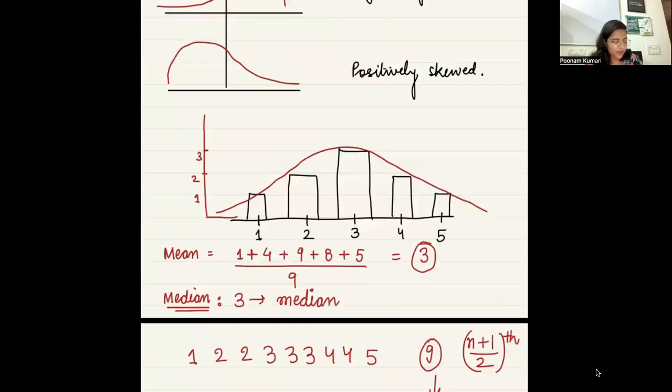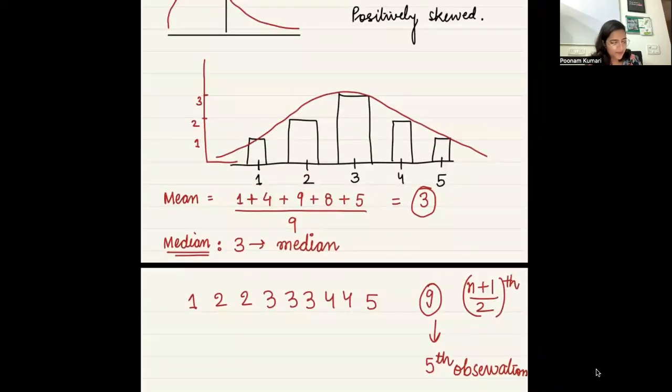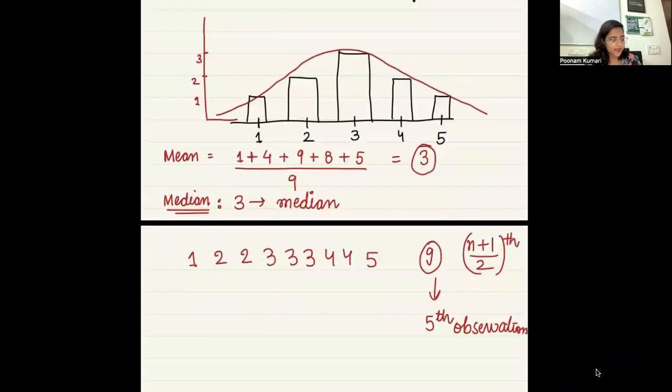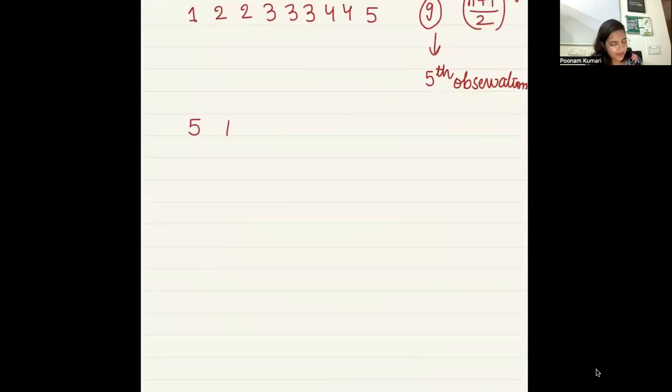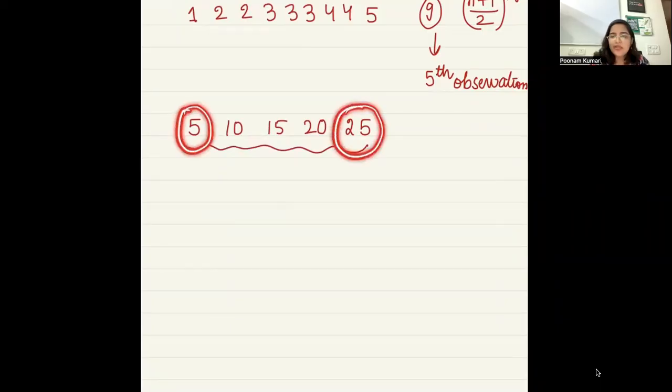Just give me one moment. Tell me this: what is an average value? Let's say there are 5 people with 5, 10, 15, 20, and 25. What is the mean value of this? 15. But if you calculate the average of 5 and 25, what is that? 15 only.